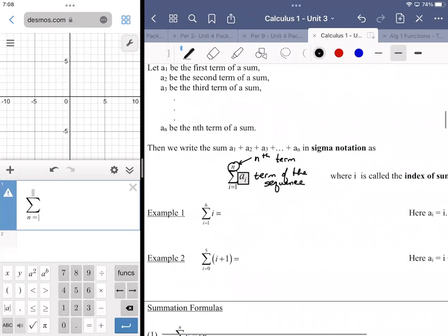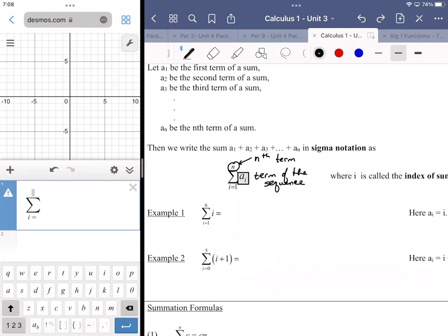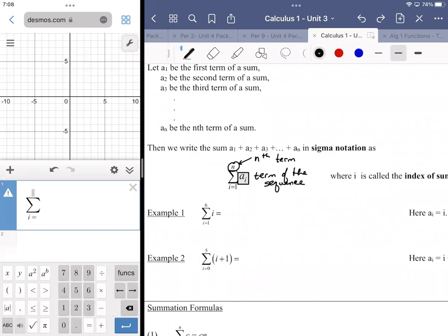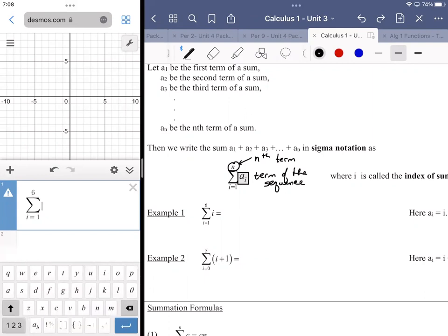So when they say find this, it's really not so much about your ability to come up with an answer, because I could pop in an I, a 6, a 1 here, and then an I here, and it'll give me an answer. It's really more about understanding the expansions, right?